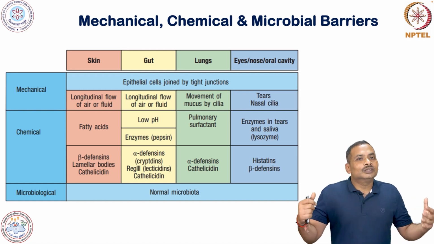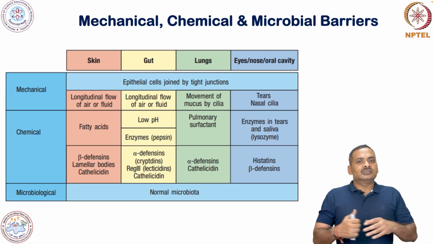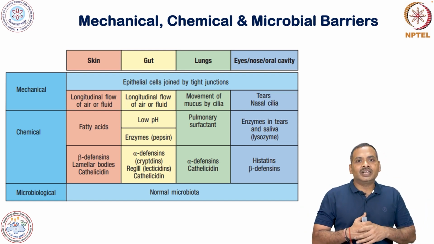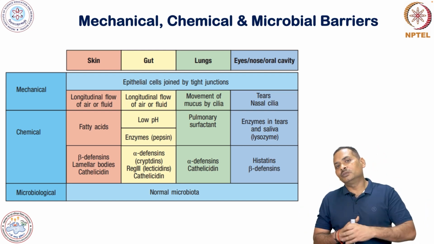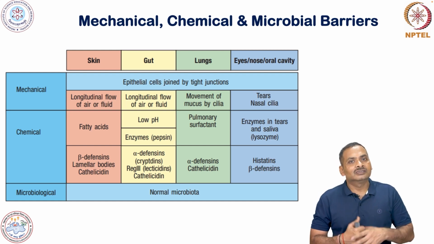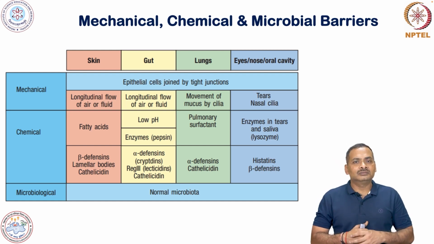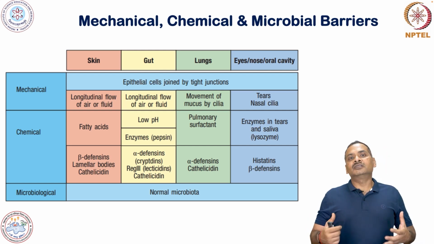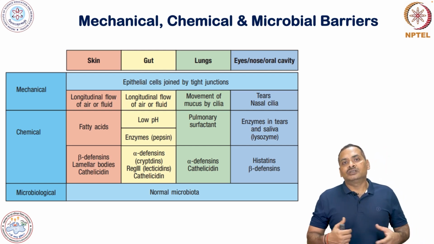Probably you might have noticed when you take antibiotics, at that time this normal microbiota is destroyed, some of them, not all, but the majority, and that gives some problems, stomach upset and all those things.